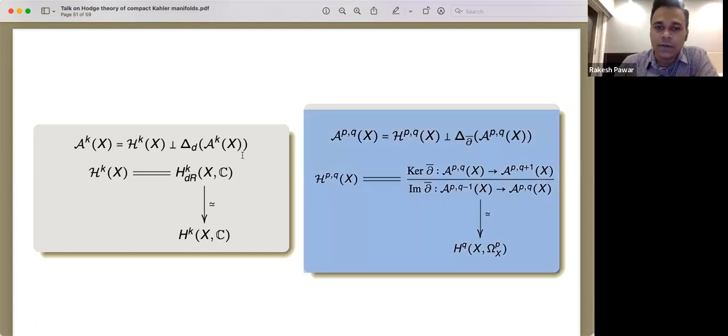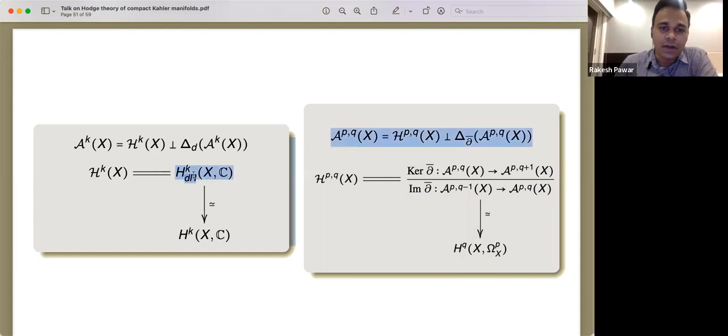Now we relate this to the cohomology. On the left hand side, H^k_dR(X) is exactly the closed k-forms, the differential forms which go to 0 under d, modulo the image. This is the degree k de Rham cohomology.